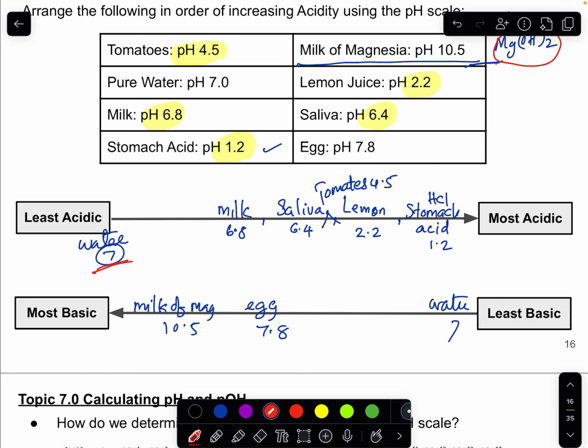First tomatoes. Saliva. And the most basic.